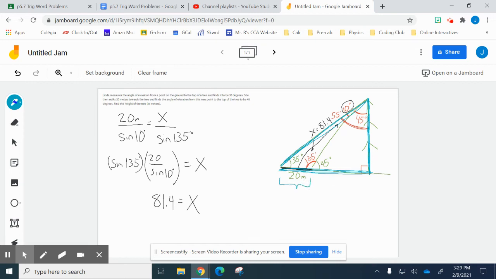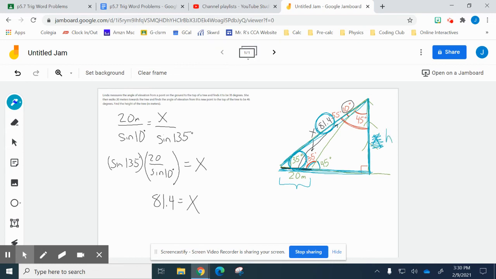But because we know she went 20 meters and she measured this angle, that gave us this angle, and that gave us what we need. So now we are working with this side right there and this angle to figure out how high this thing is. I should make that an h, just because we already used x.